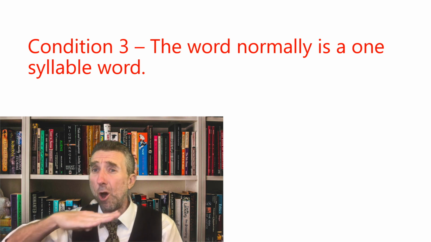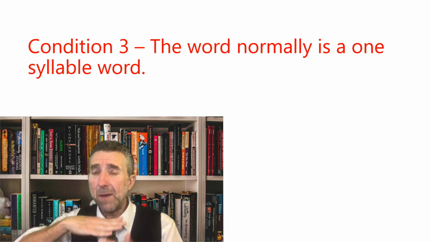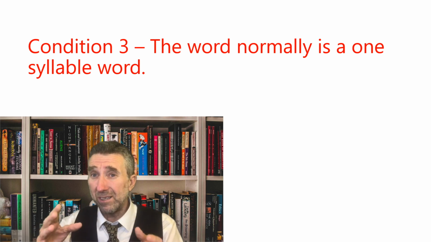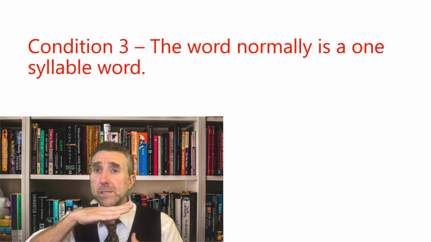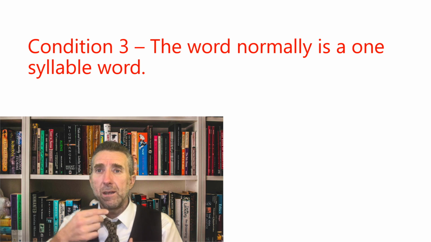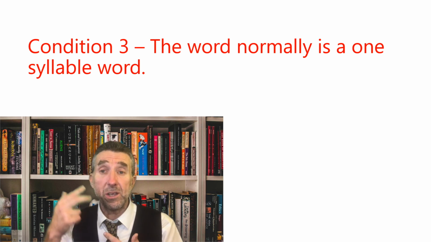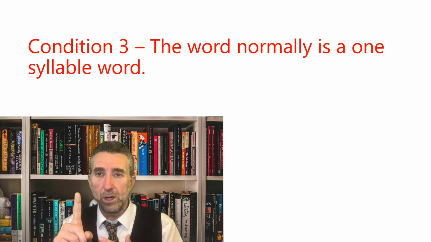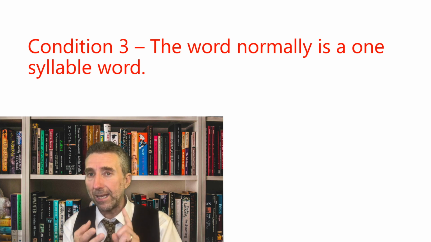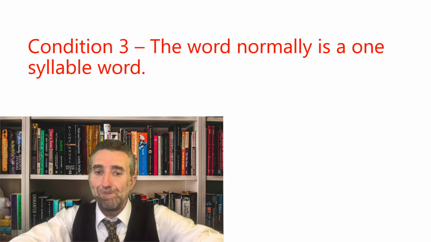When you say a word, hold your hand underneath your chin, and how many times your chin comes down and hits your hand is how many syllables there are in the word. For example, beautiful. My chin came down three times, so there are three syllables in this word. But we're looking for only one-syllable words to use CK. So let's see if our old friends back and kick meet the third condition.